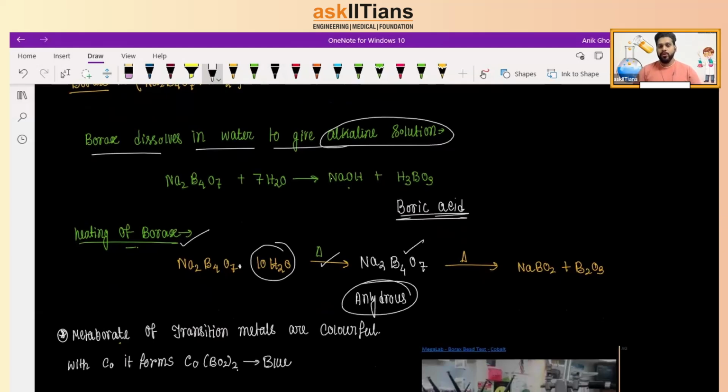Then in the very next step, if I keep heating this compound, we get sodium metaborate and boric anhydride. Sodium metaborate. And what is this guy? This is boric anhydride.